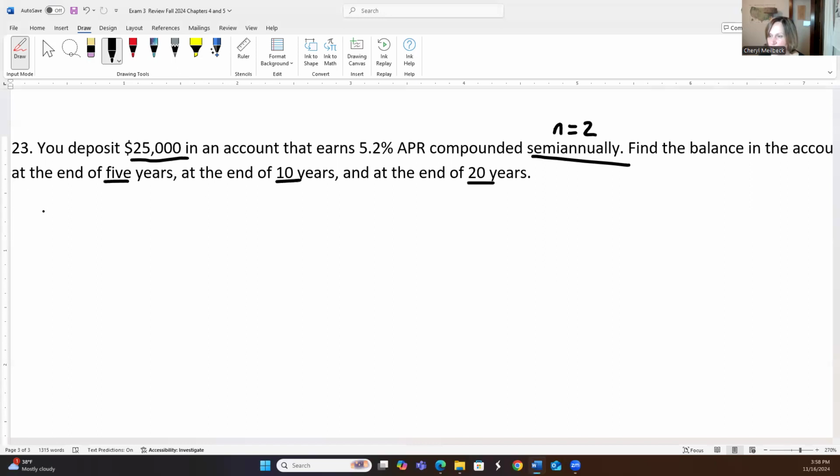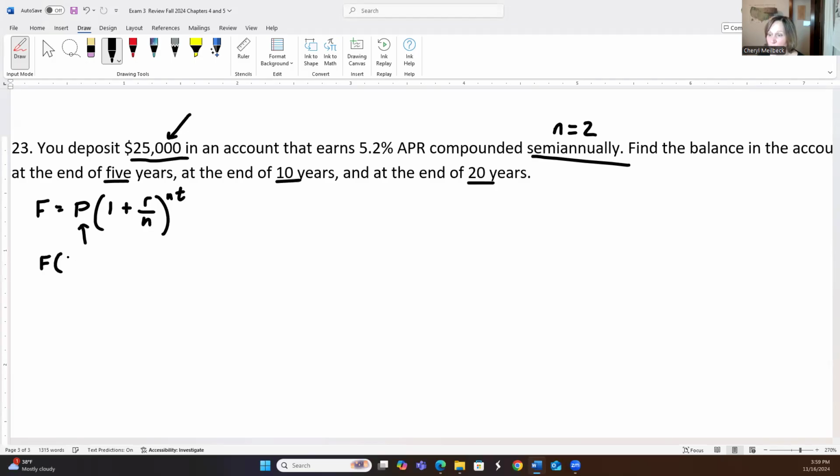So let's start with our formula. Since we're just making one payment, we're going to use this formula, which is for savings with interest when you use just one down payment. That's your present value.